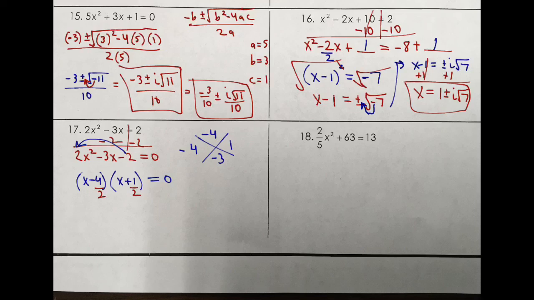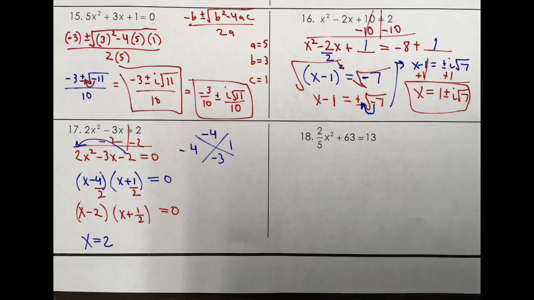This simplifies to x minus 2. And this one does not simplify. And so we still have x plus 1/2 is equal to 0. And then we're just taking the opposite signs, right? Or set them both equal to 0 and solve. So we have x is equal to opposite of negative 2 is 2.